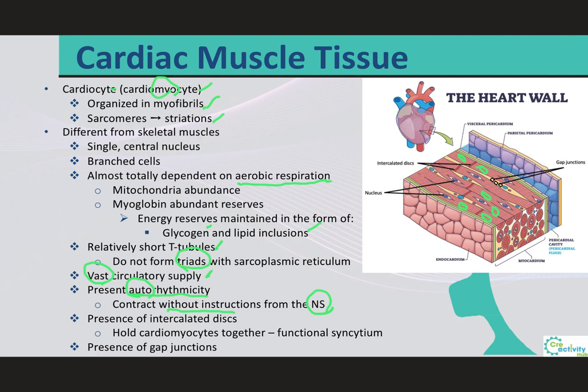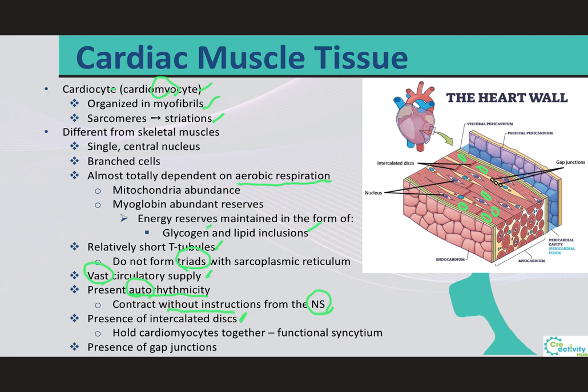Then we can say that cardiomyocytes are going to be interconnected by specialized cell junctions called intercalated discs, which are represented on this image. This means that these intercalated discs are going to hold neighboring cells together.